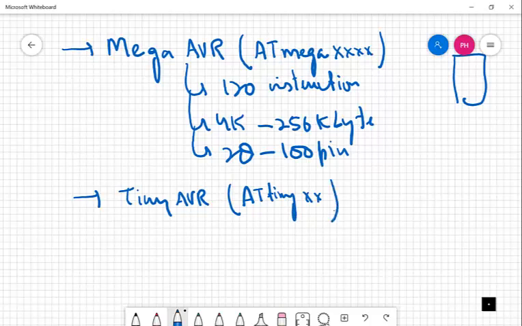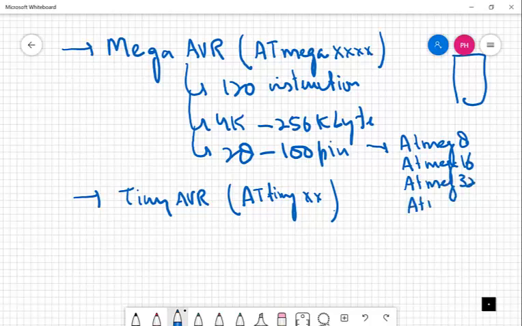The examples of the Mega AVR are, there are many: Xmega 8, Xmega 16, Xmega 32, Xmega 328, Xmega 64, Xmega 1280.